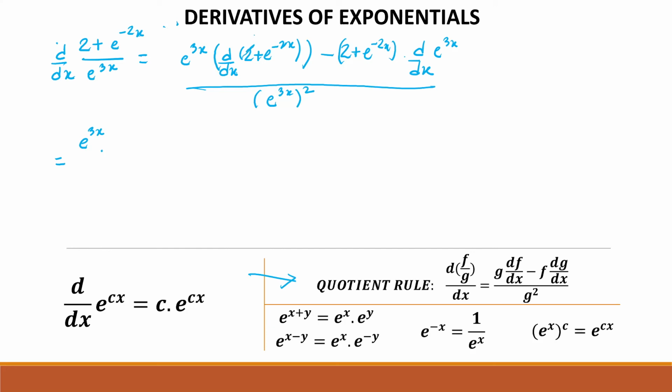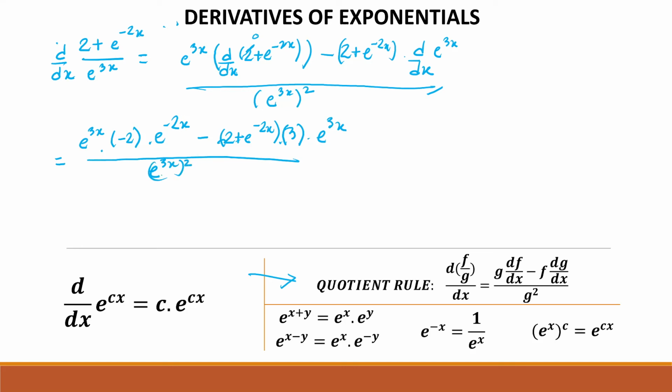Here the derivative of any constant 2 would be 0, and then the derivative of e to the power minus 2x: our constant minus 2 would come down, and then the derivative would be e to the power minus 2x times minus 2, minus e to the power minus 2x times the derivative of e to the power 3x, where the constant 3 would come down, and then e to the power 3x, divided by e to the power 3x whole square, right?